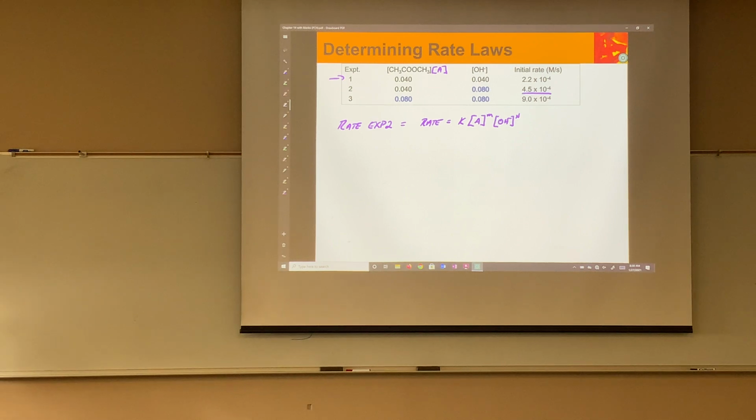So let's plug that in together here. If we take this and put numbers, 4.5 times 10 to the negative 4 is equal to K times 0.04 to the M, and 0.08 to the N. Oh, I'm sorry, I'm being dumb here.